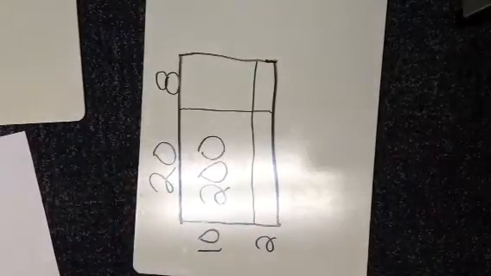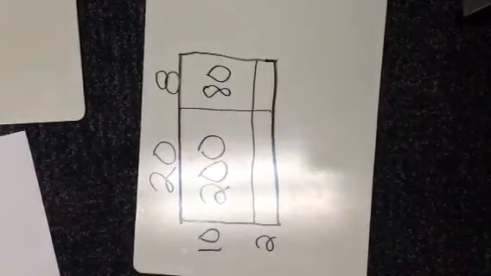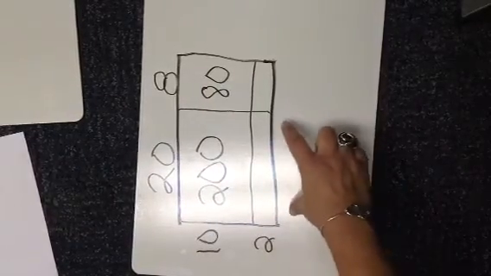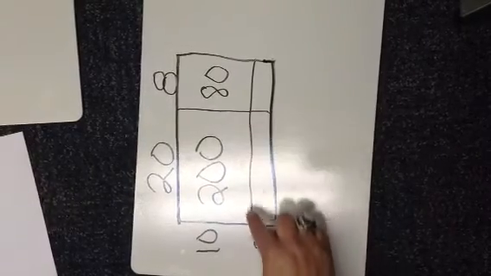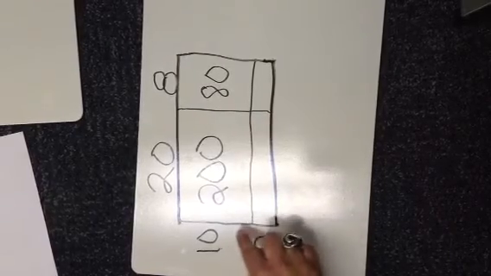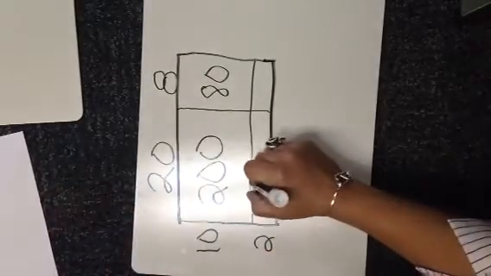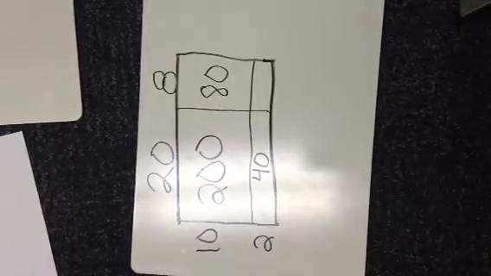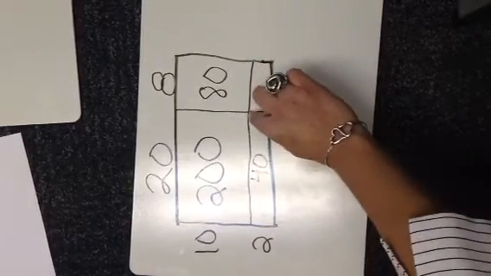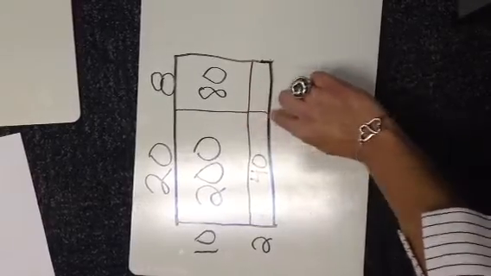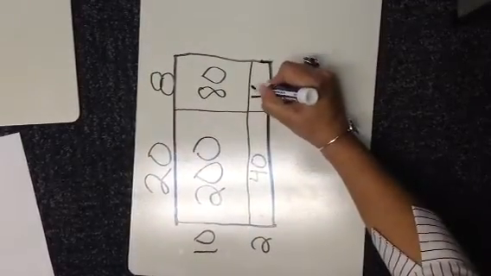And 10 times 8 is 80. Now we're going to go down here to look at this rectangle, which has a length of 20 and a width of 2. 20 times 2 is 40. And for our last rectangle, we have a length of 8 and a width of 2, and 8 times 2 is 16.